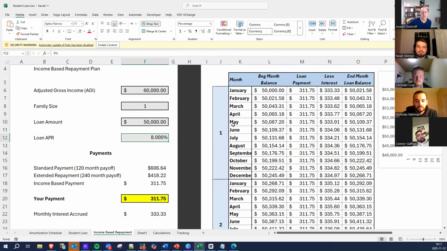The way your loans typically work when you are paying them off with a standard repayment plan or an extended repayment plan is that these loans are amortized. Do any of you know what amortized means besides Skinner?